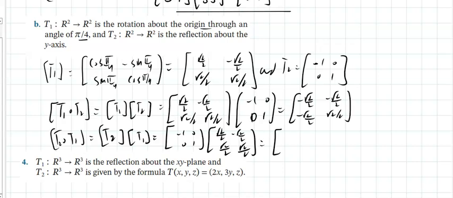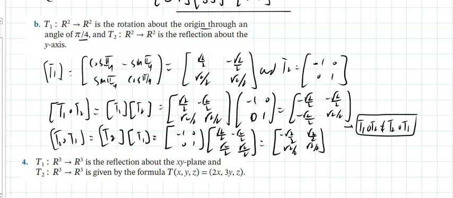And that would be negative radical 2 over 2, radical 2 over 2 plus 0, 0, radical 2 over 2, and radical 2 over 2. And in this case, they don't match. Here, T sub 1 composite with T sub 2 does not equal T sub 2 composite with T sub 1.